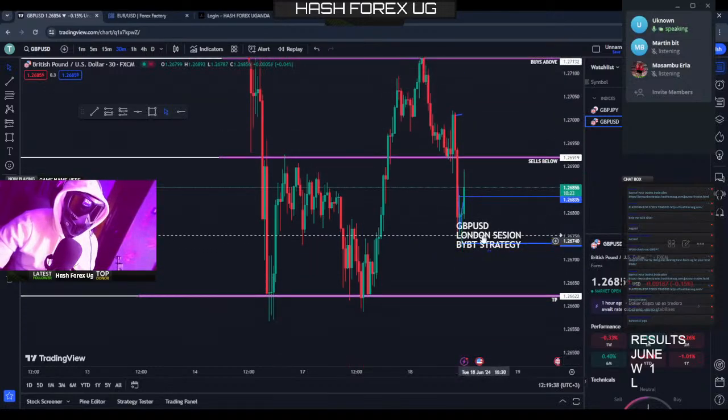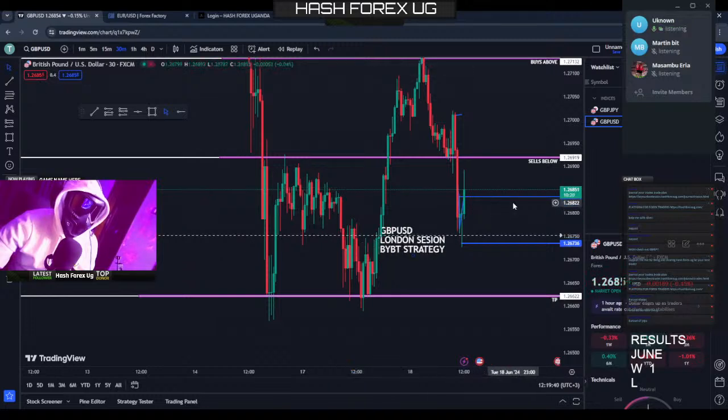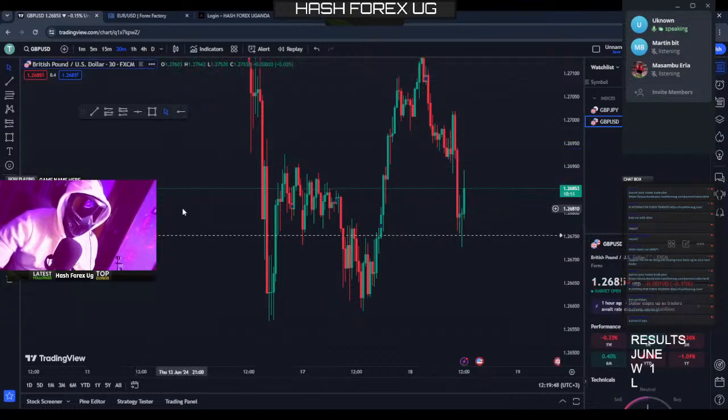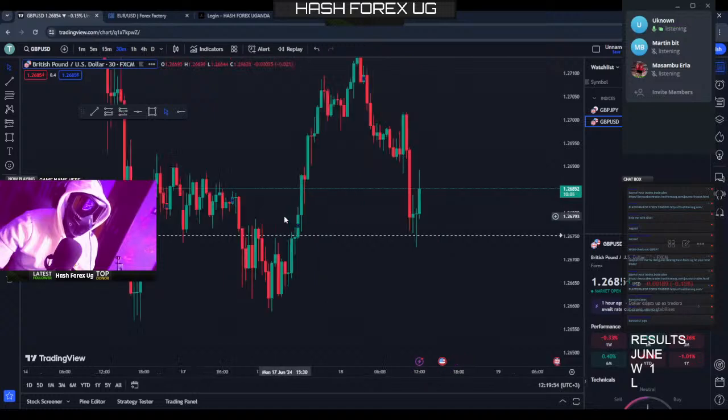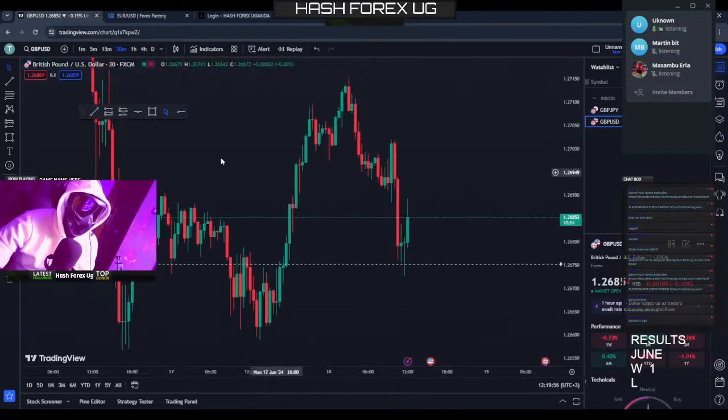So as per now, I would restructure my setup again for the next session. I'll do my setup again.